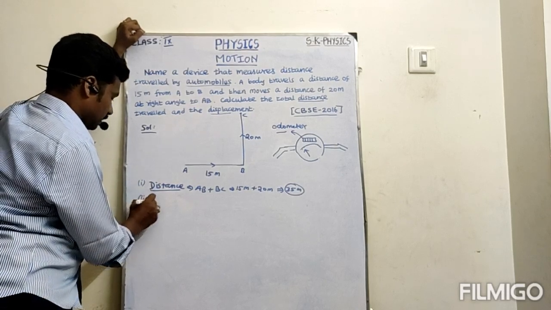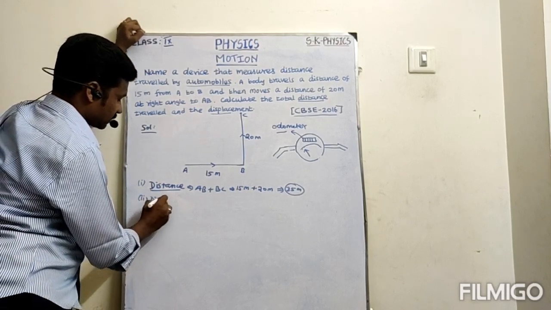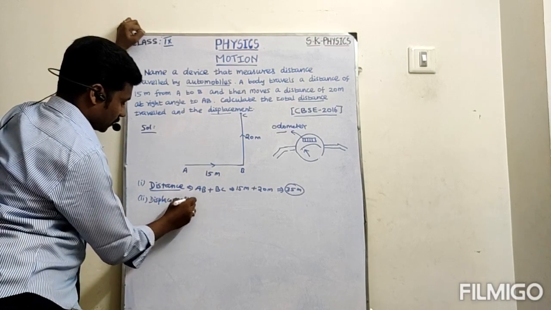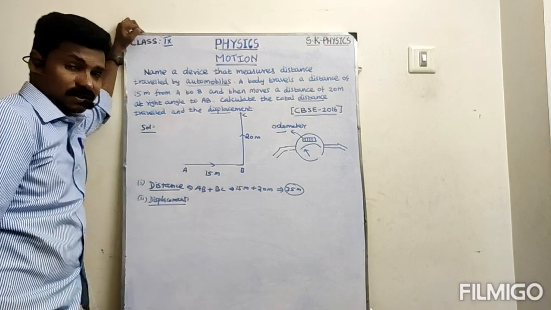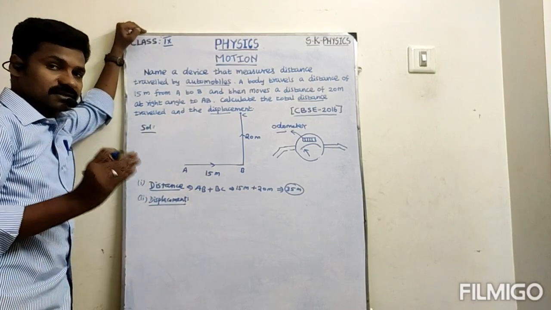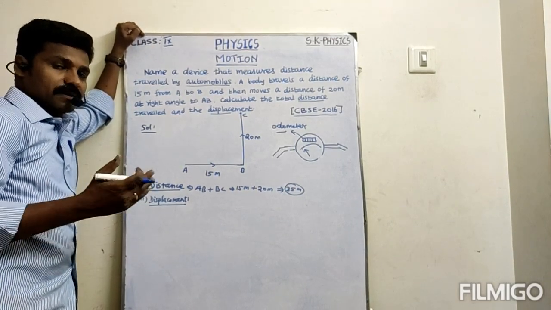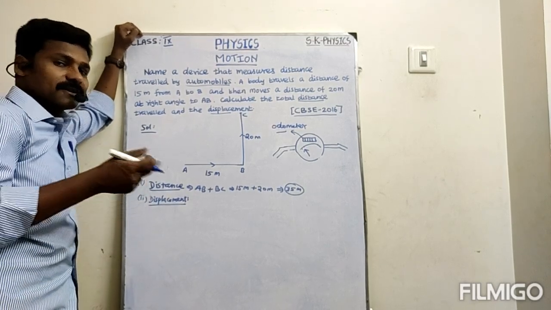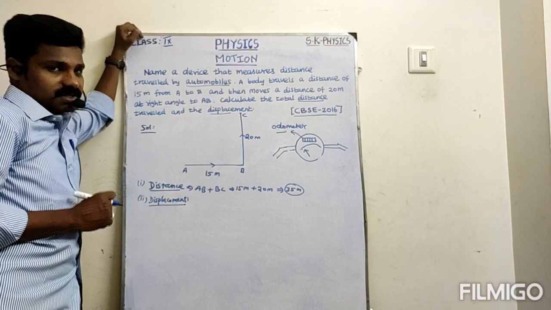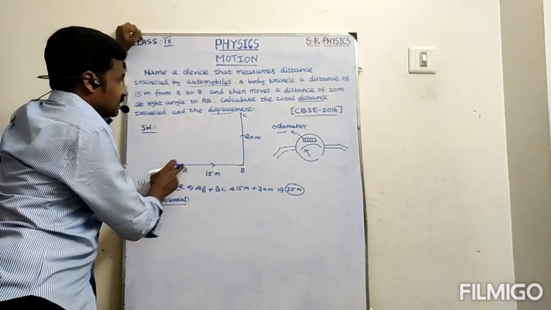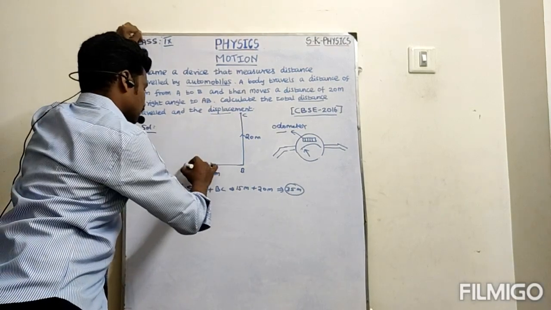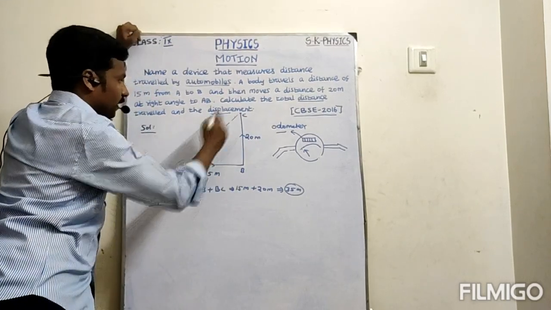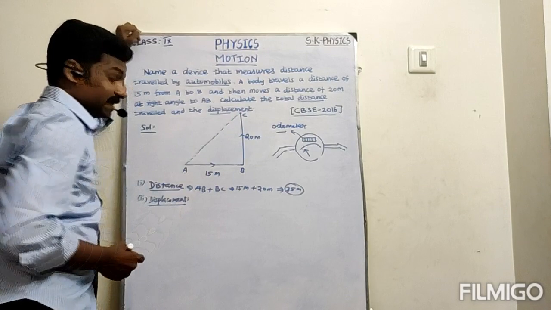Then the second one, displacement. Displacement means the shortest distance between the initial and the final point, or otherwise the difference between the initial and final position of the object. So initial position A, final position C. So you want to calculate the AC value.